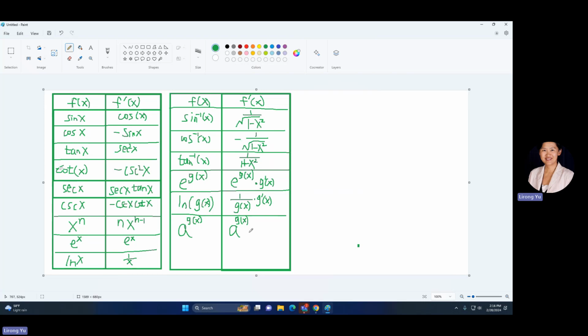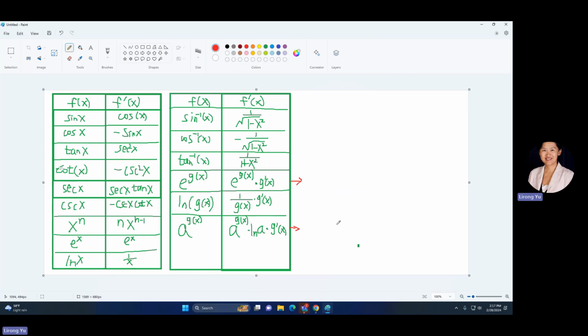And you have to multiply by ln of a because that's not the base e, so we have an extra term. The proof of that was chain rule as well. And then we have to multiply by the derivative of g of x. You can actually compare this one with this one. They're similar. The only difference is the base.